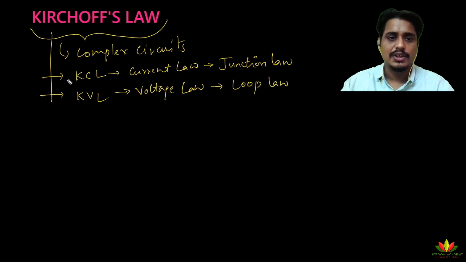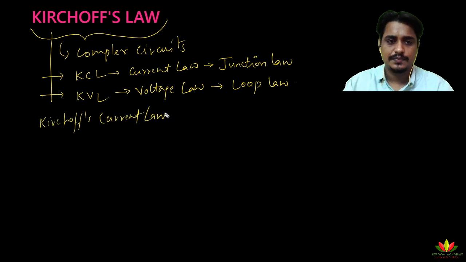That is Kirchhoff's current law. As I said, it is also known as the junction law. First I will tell you the statement, then we will solve a few questions based on it.